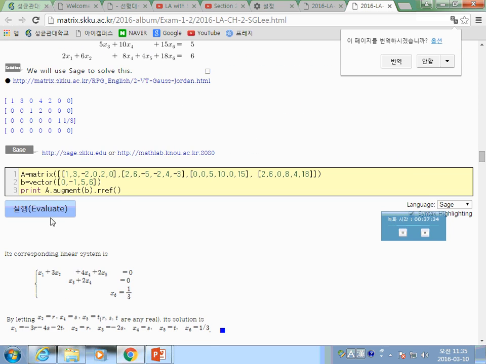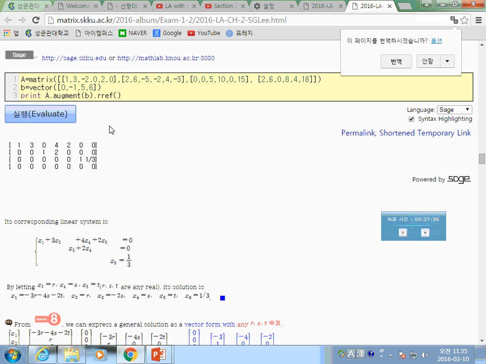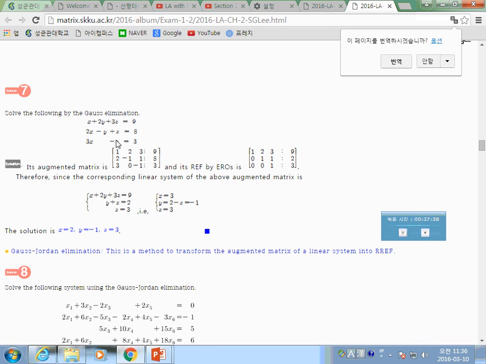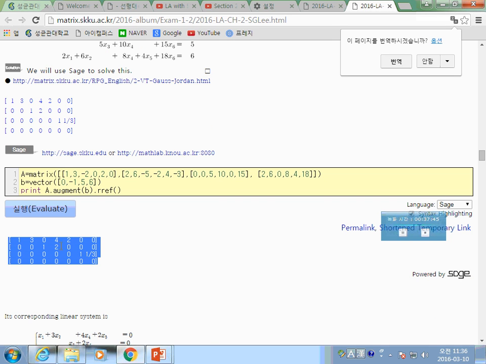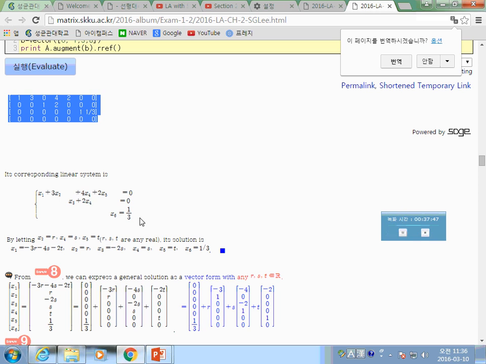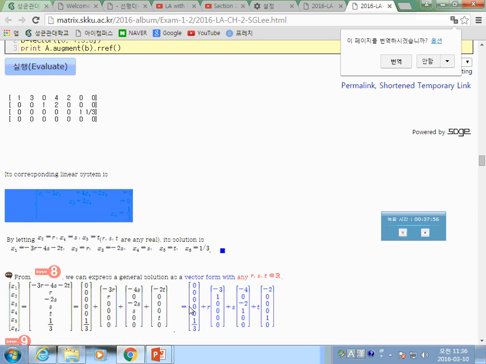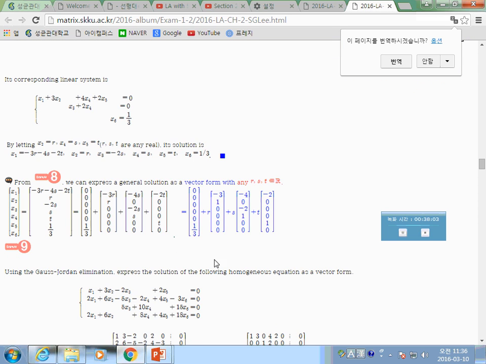For example, if you have this set of equations, then you can find the RREF here. From this RREF, you can find the corresponding equivalent linear system, whose solution comes directly from it, isn't it? If you have this form, you don't need to spend any time. This is just backward substitution. Just plug in the earlier values to get the whole solution set like this.